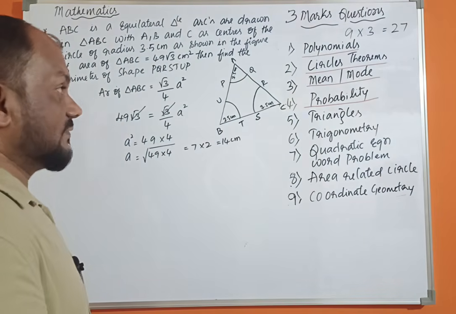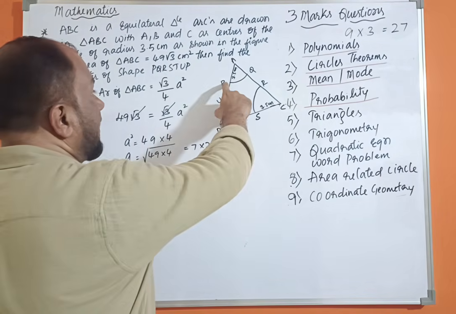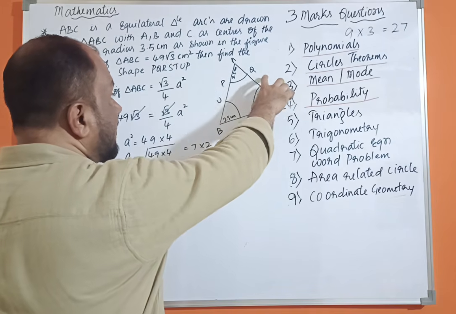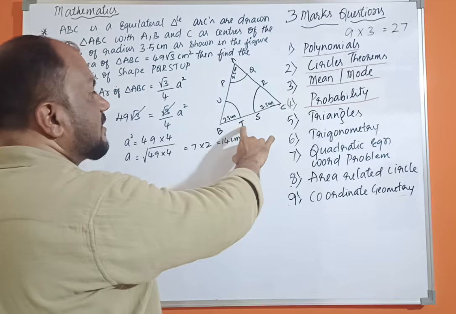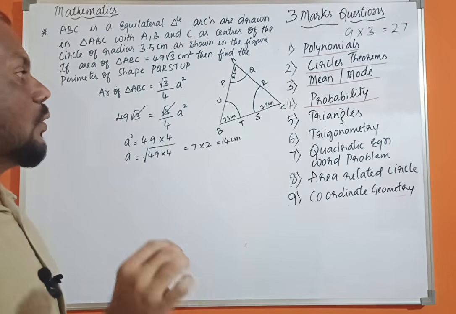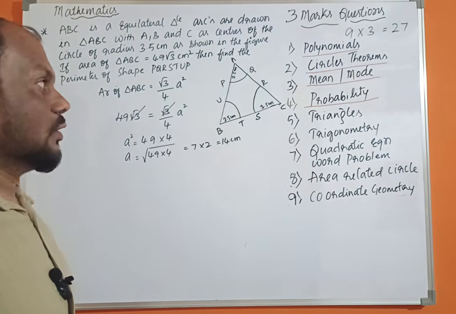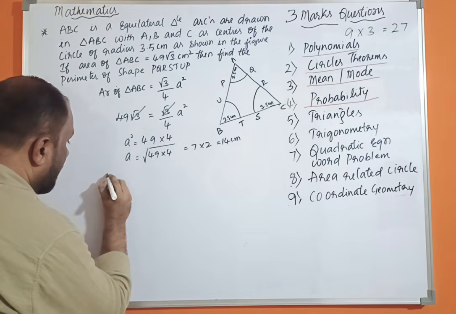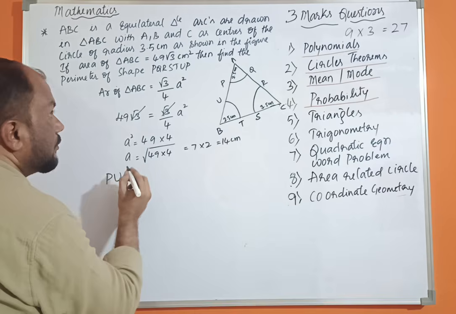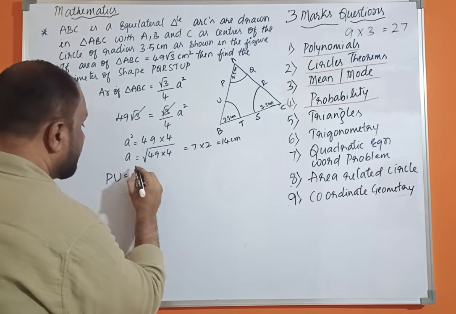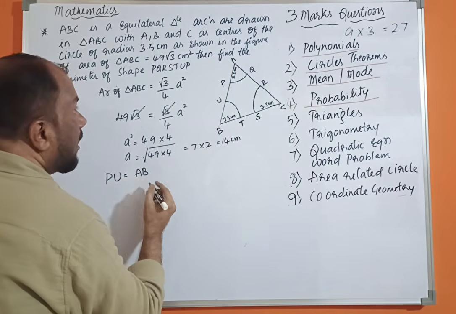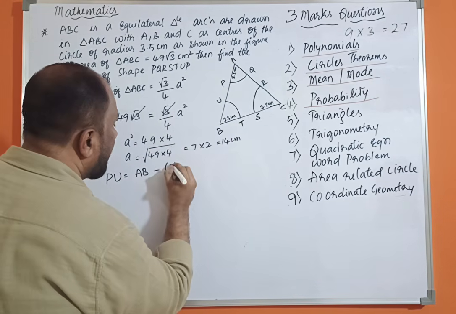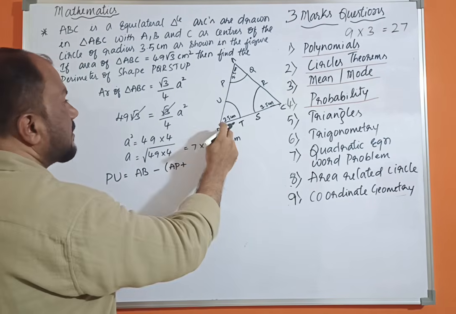After that, the length of PU is equal to the length of QR, and QR is also equal to the length of ST. PU, QR and ST have equal length. So now let us find out PU. PU is equal to AB minus AP plus BU.